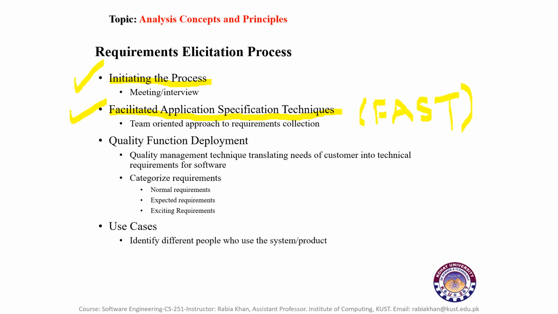So every attendee is asked to write about the data objects that are to be used by the requested software, the functions those objects need to perform, and the outputs being generated by different functions.